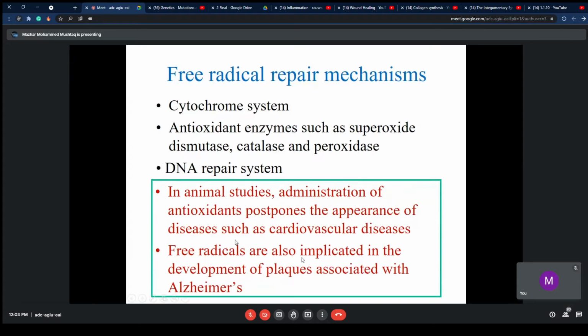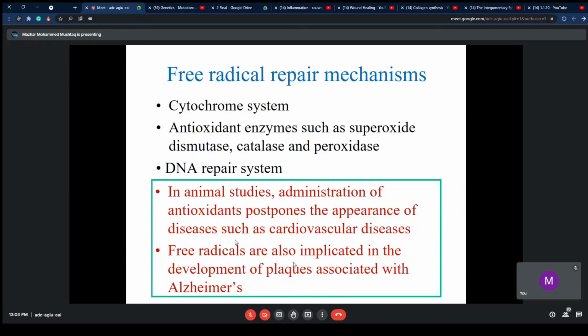Free radicals are also implicated in the development of the plaque associated with Alzheimer disease. So these are the two diseases, cardiovascular disease and Alzheimer disease. They are actually the main diseases that are causing the phenotype, or that are taking one to the aging process.